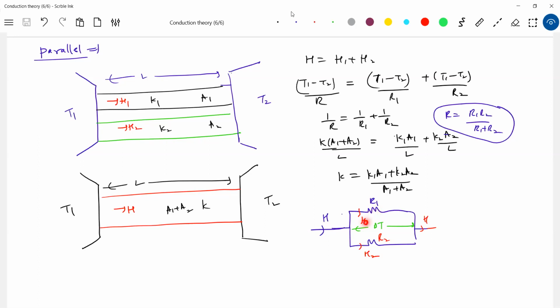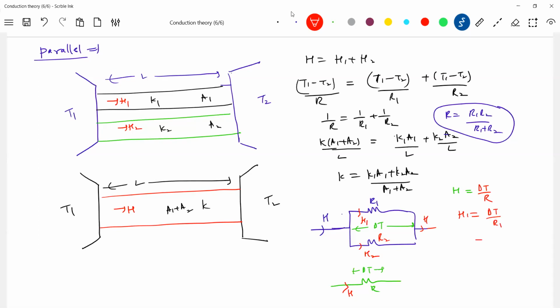Then I'm interested in H1, H2 in terms of H and R1, R2. So first the equivalent, let me write it. H is equal to delta T by R, and H1 is equal to delta T by R1.